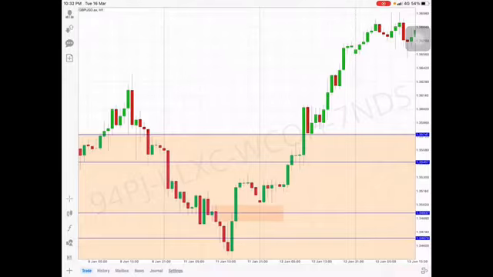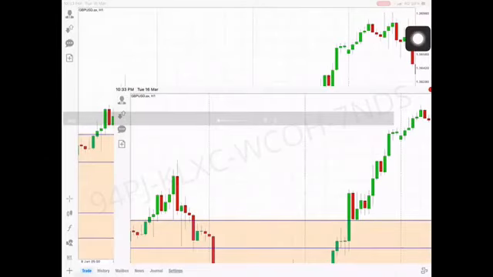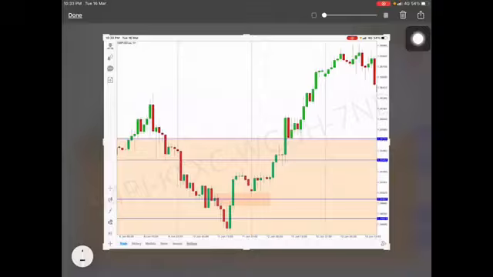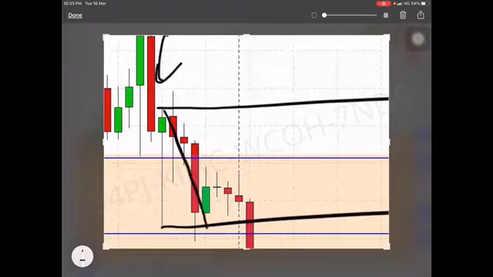So what if you want a second entry? A second entry is when this zone is done, is cleared. And then do you see this one? This is a buy break, right? Then you can see that it has another EF here. Do you see the EF? This is engulfing sell, right?